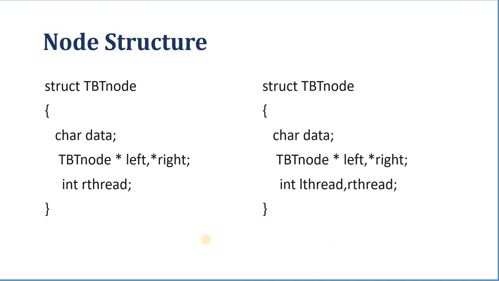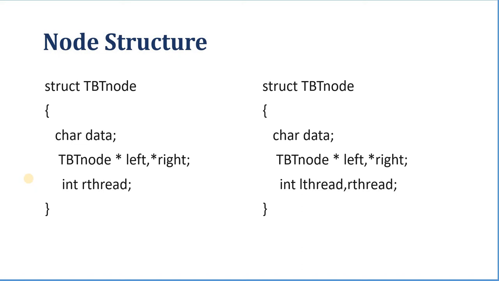Now you can represent it in this way as a structure: threaded binary tree node, character data, node star left and right pointers which are pointing to the left child and right child. And there is one more field which is added in a threaded binary tree, the R thread. It is of integer type.